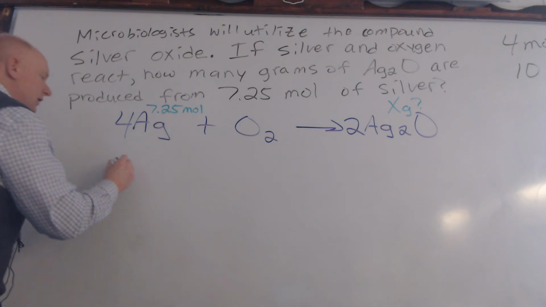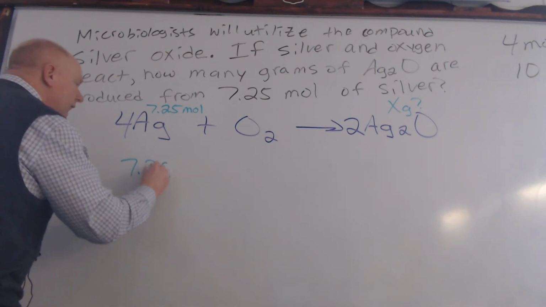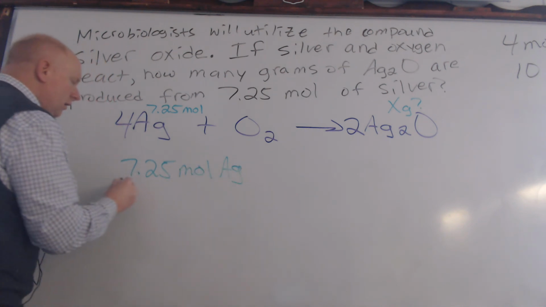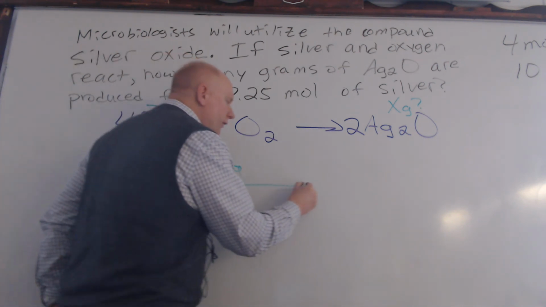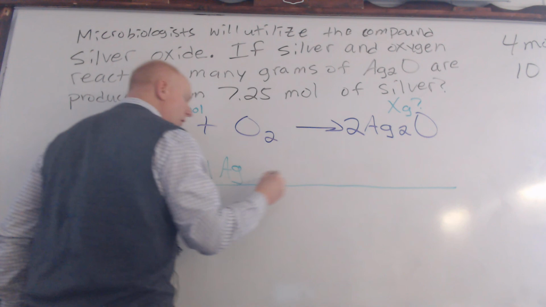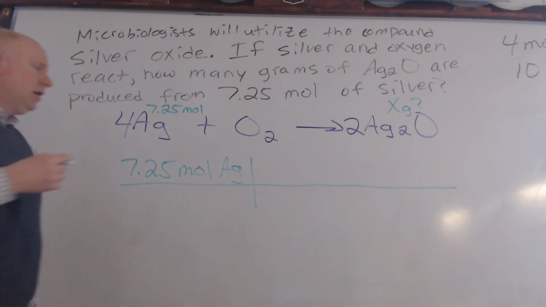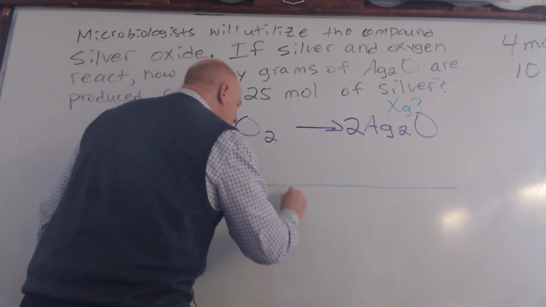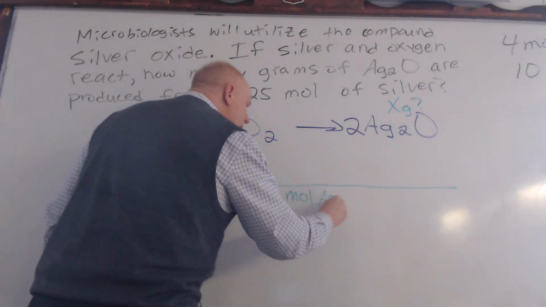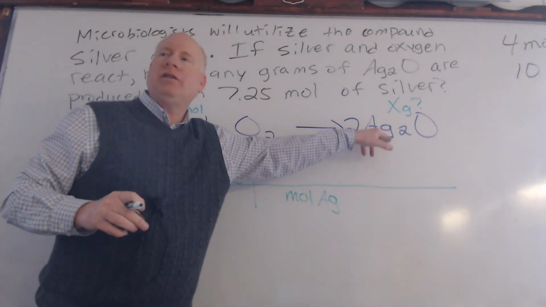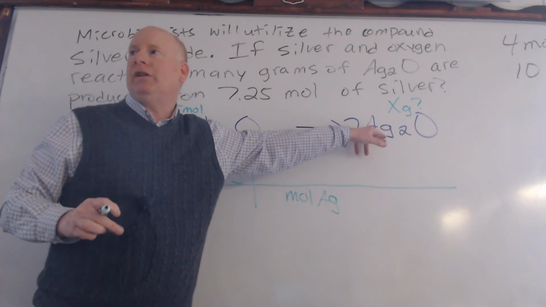So now we've got 7.25. Okay, so this is a three-step problem, so it's just a little longer. How do we get rid of that mole in our next step? For every mole of silver, this will allow us to get to this side of the reaction because of what ratio?